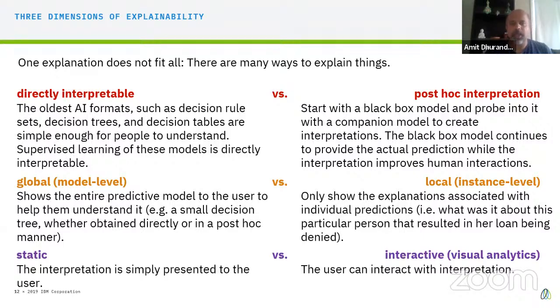So now if we look at explainable AI, there are a lot of methods, but you can partition them into these three categories: directly interpretable versus post hoc, global versus local, static versus dynamic or interactive. The last one is pretty obvious what it means. The other two, I'll go over in the next few slides, describing what each of these things mean.